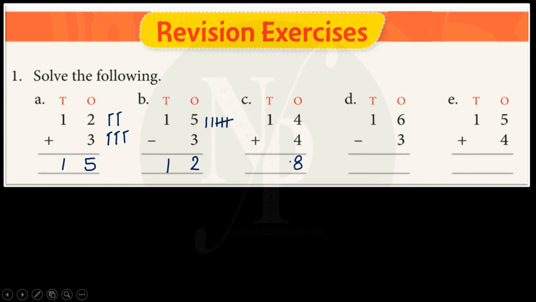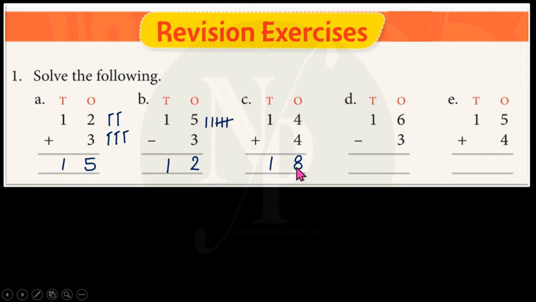And here we have 1 and no digit here. So 1 plus 0 is 1. Therefore 18 is the sum of 14 and 4, which is the sum because we have added these numbers. Since we have a plus sign here, it tells us that we have to add these two numbers.